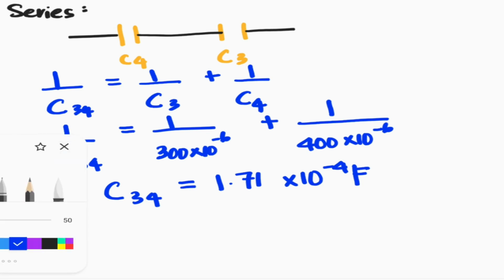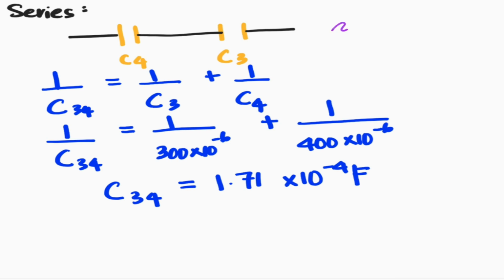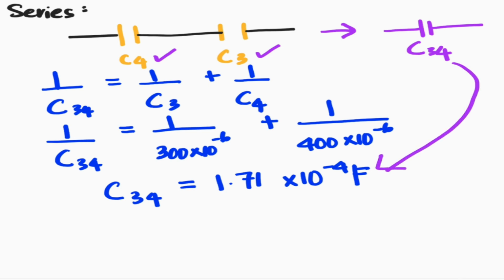So the combination should be like this. C4 and C3 combine to become C34. So the value of C34 is 1.71 times 10 to the negative 4 farad.